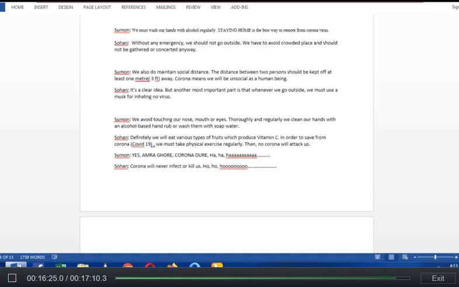Definitely, we'll eat various types of fruits which provide vitamin C in order to save ourselves from corona, that means COVID-19. We must take physical exercise regularly, then no corona will attack us. Yes. Yes, corona will never infect or kill us.